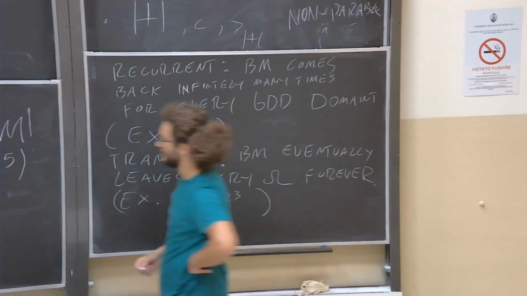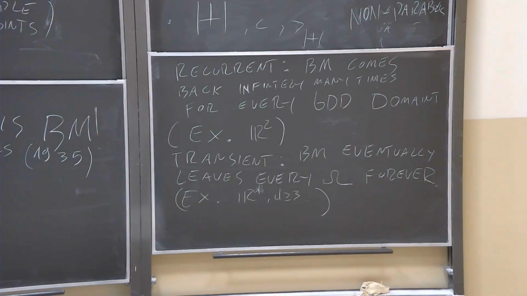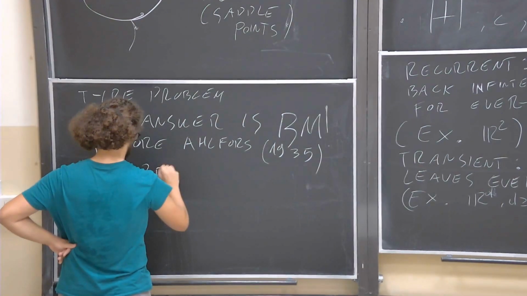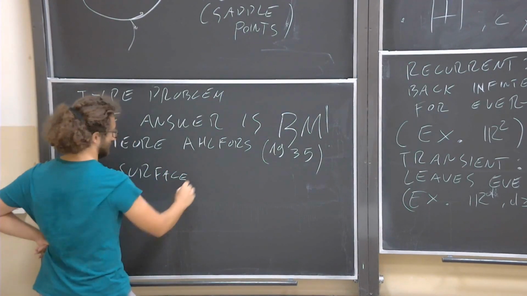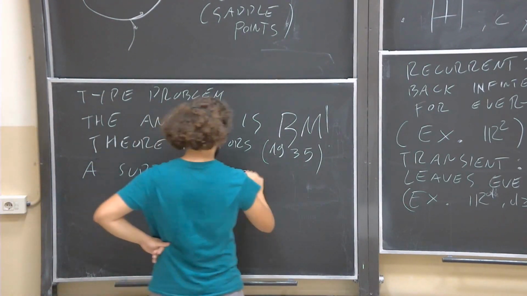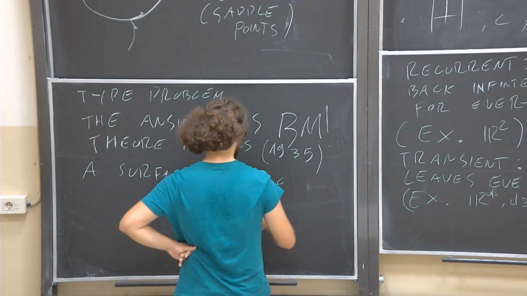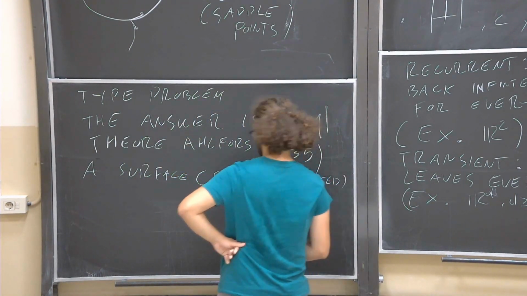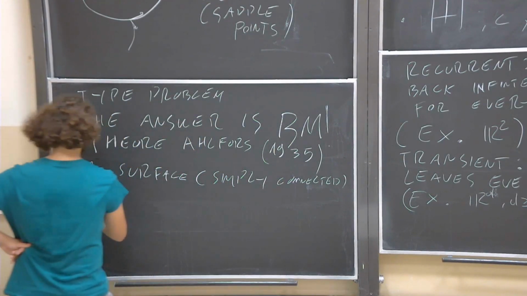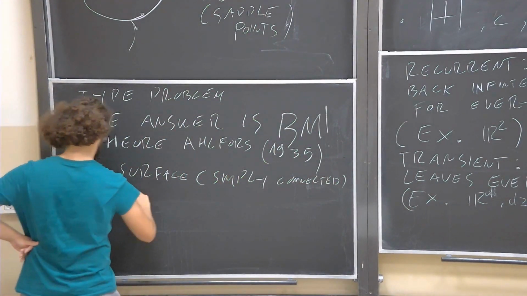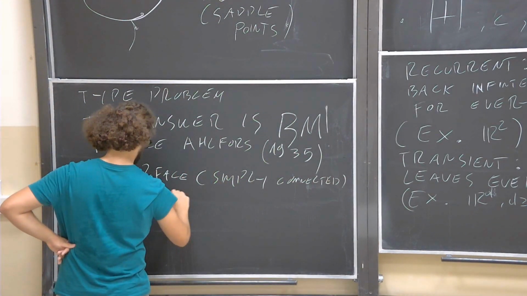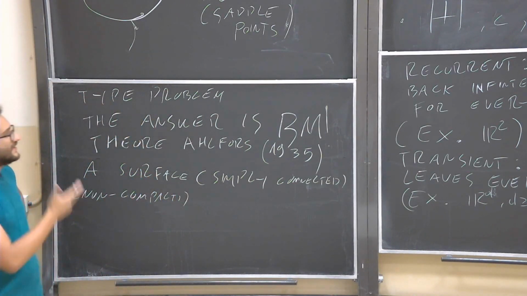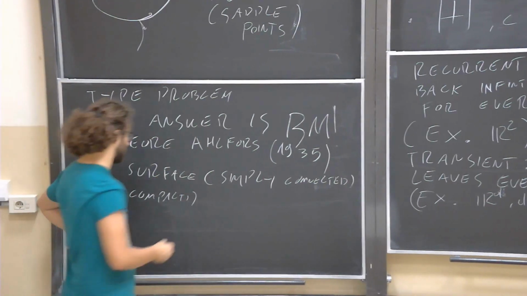And so the theorem is: a surface, let's say simply connected, which is not really a restriction, non-compact, a non-compact and simply connected surface is parabolic if and only if Brownian motion is recurrent.